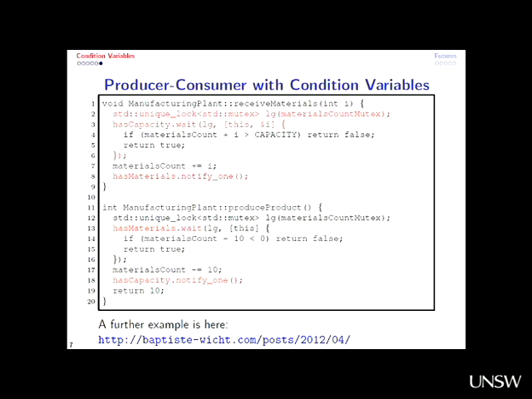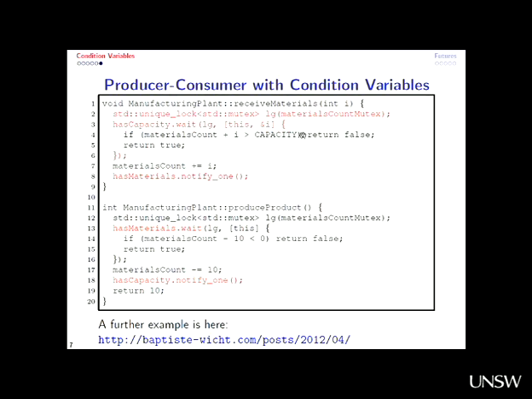In this case, we've given it a lambda function. What we're saying is, if the materials count plus i is greater than capacity, so if we're trying to receive materials and what we receive is going to exceed our capacity, return false, keep waiting, because we don't have capacity at the moment.